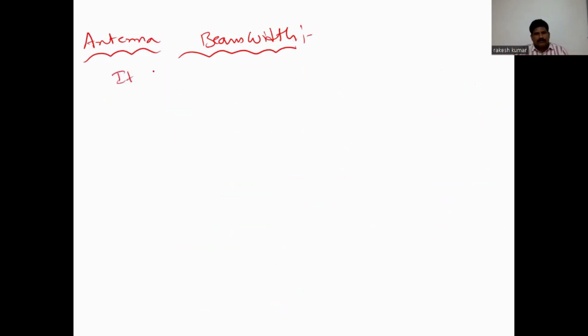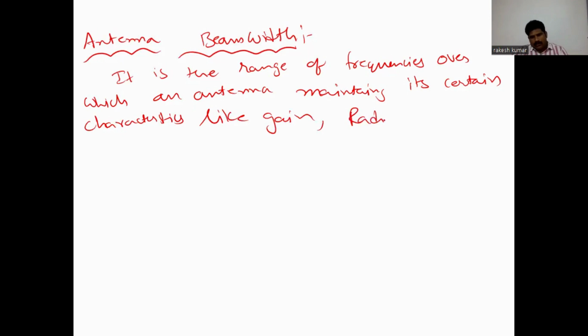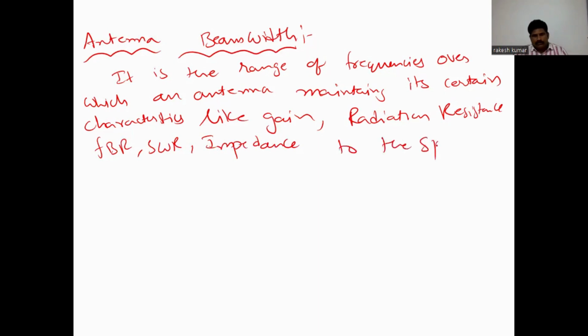The definition is the range of frequencies over which the antenna maintains certain characteristics, such as radiation resistance, SWR, and impedance, at the specific value.